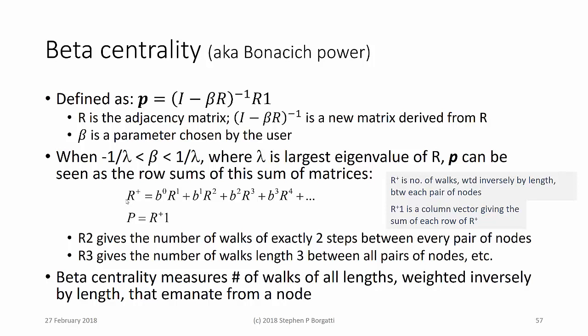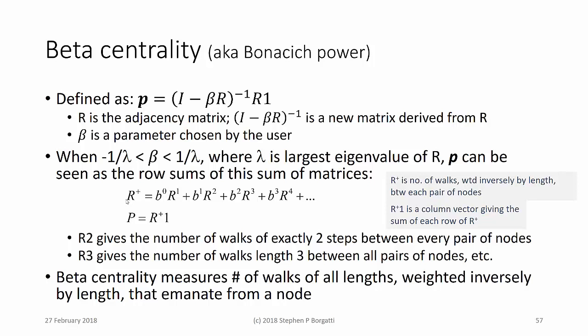So the really long ones, like 172 lengths long, hardly count at all. Whereas lengths that are length 1 get counted 100%, because B there is 1, so it gets full points for direct connection. And if it's a path of length 2, it gets weighted a half. And if it's a path of length 3, it gets weighted a quarter, and so on.